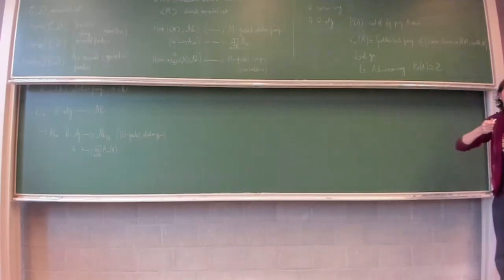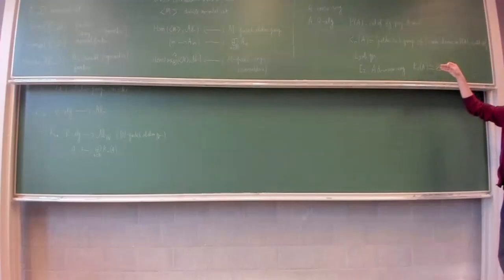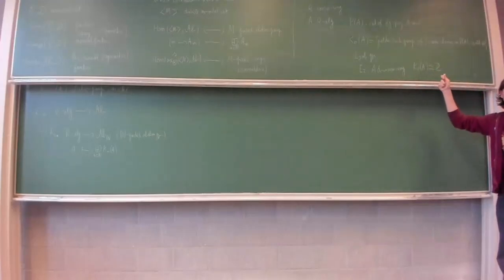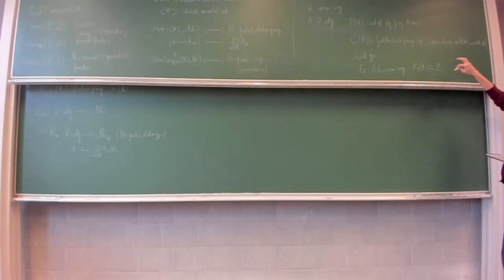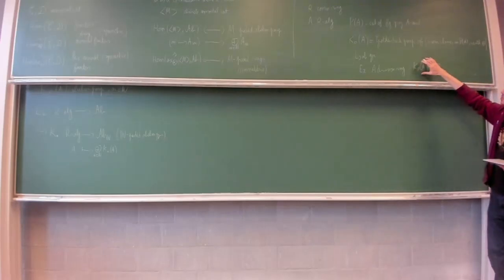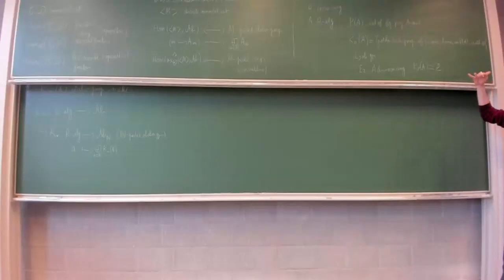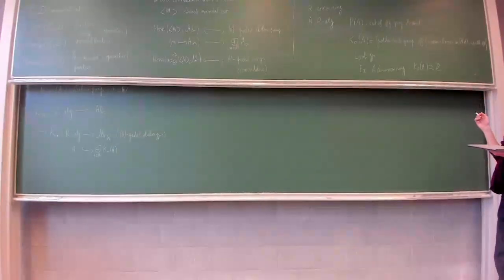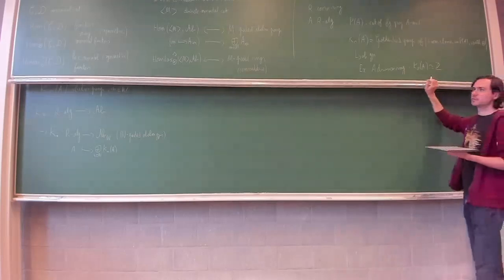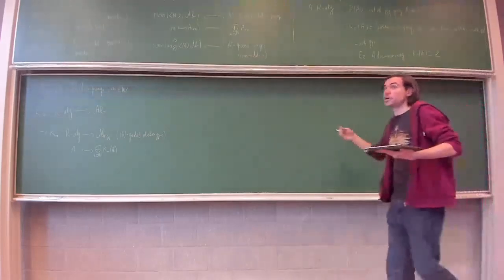And you have a copy of Z inside this, which is generated by the class of A. You also conversely have a morphism from this to, let's say, Z if it's connected, given by the rank. So you do have some sort of interplay with it. Of course, usually you have more modules than these, so it's usually not a generator.